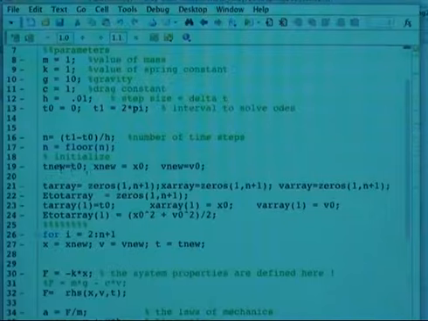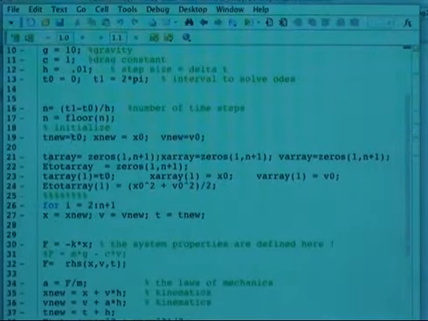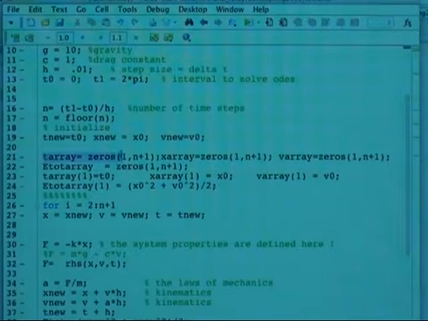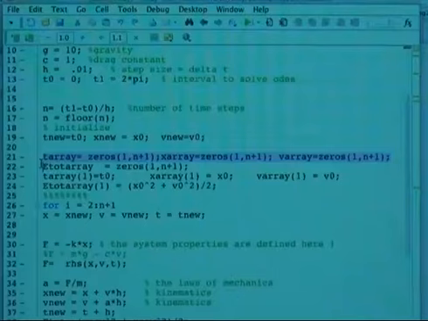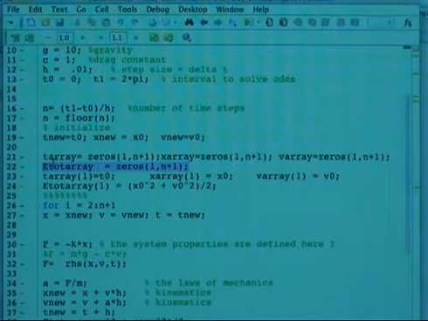Then we set up our future solution, which is going to be an array of time values, an array of x values, an array of v values, and we set them all to 0 to initialize things. Last time I was keeping track of energy, so we could keep track of the error because we knew for a simple problem that the energy was conserved, and we could just see how good our numerical integration was.